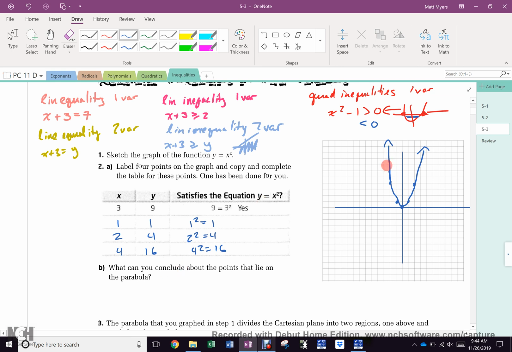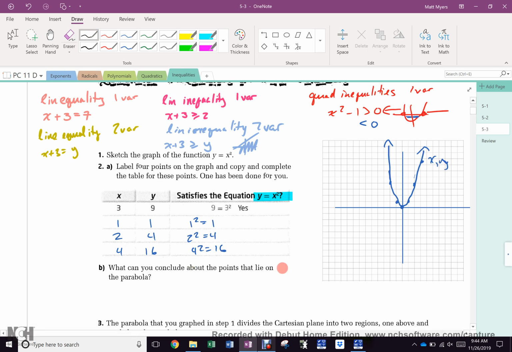What do we know about every single point on this curve? Every single point on this curve, right there. It's not on an exact point. What do I know about that x and y? It would have a value, right? Whatever it may be. But if it's on that point, what is its relationship to that equation? Right. Whatever x is, if I square it, it would be y. No matter what, right? That's how these things work.